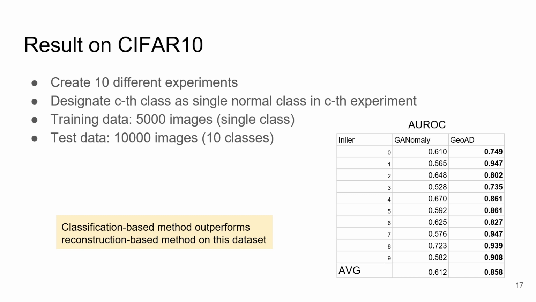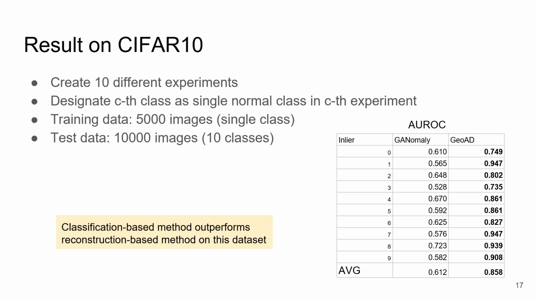And here comes the experiment result. They did the experiment on CIFAR 10. CIFAR 10 has 10 classes, so we can create 10 different experiments. Every experiment uses one class as the single normal class.